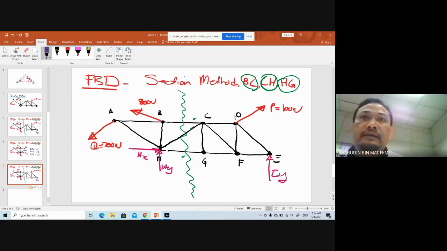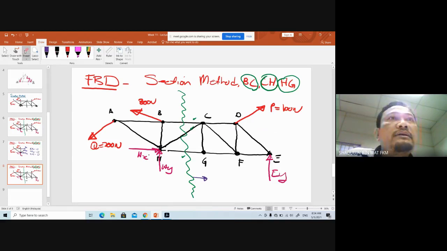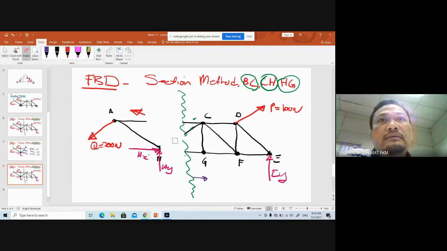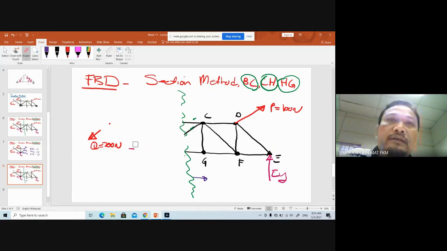Okay, if you want to do the analysis on this side, you just remove the part on your left.